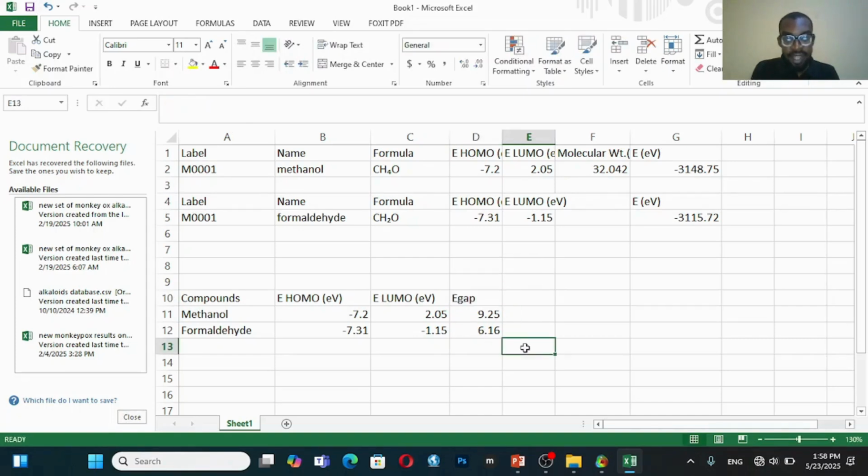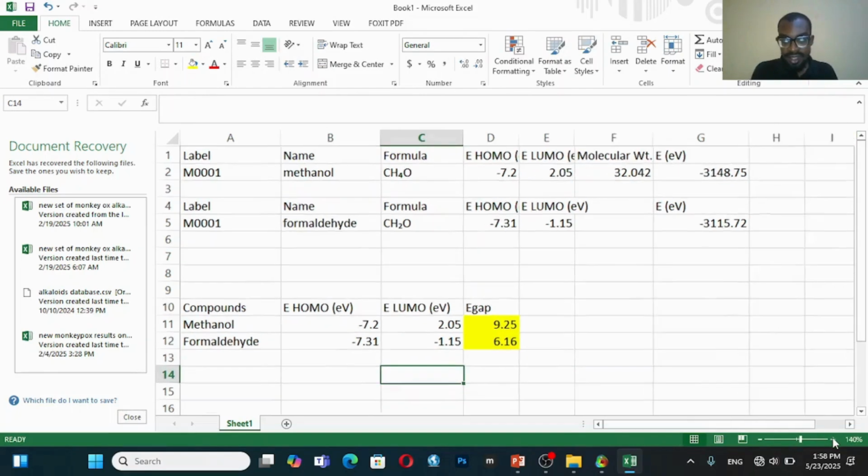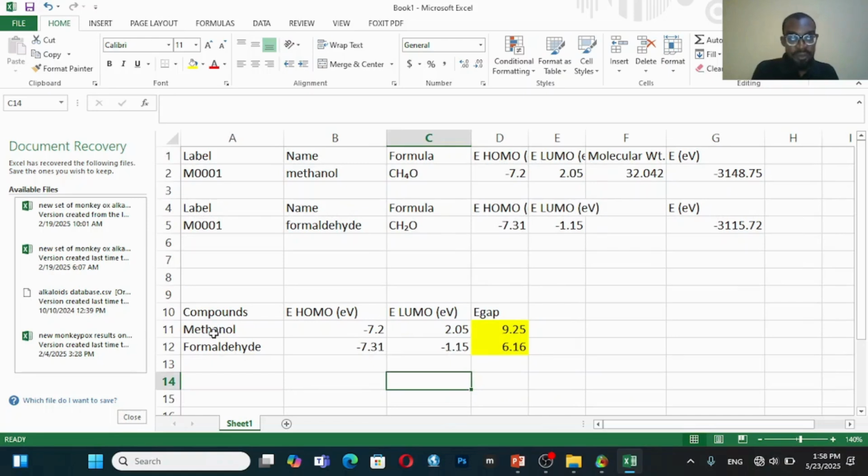You can see this. Now looking at these results, let me highlight this. You can see that the energy gap for methanol is 9.25, while the energy gap for formaldehyde is 6.16. And like I told you, the larger the energy gap, the more stable the compound is.